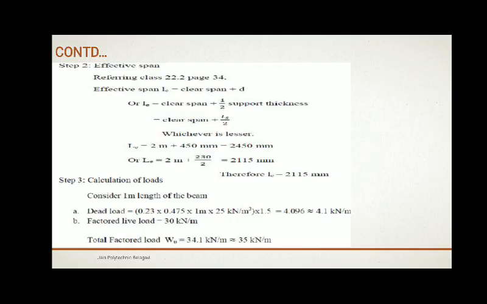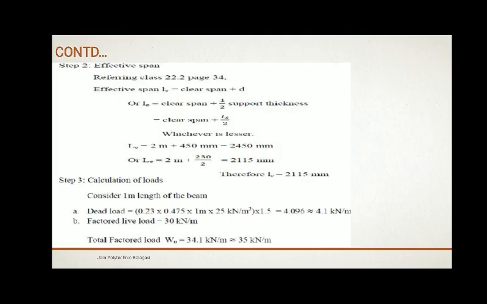So 0.23 is B, 0.475 is D, 1 is the breadth of the beam, and 25 kilonewton per meter cube is the density of concrete. Directly we are multiplying it by 1.5, that is the factor. So we are getting 4.096, that is 4.1 kilonewton per meter.